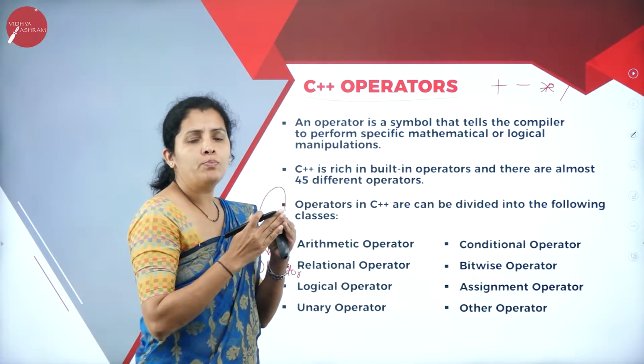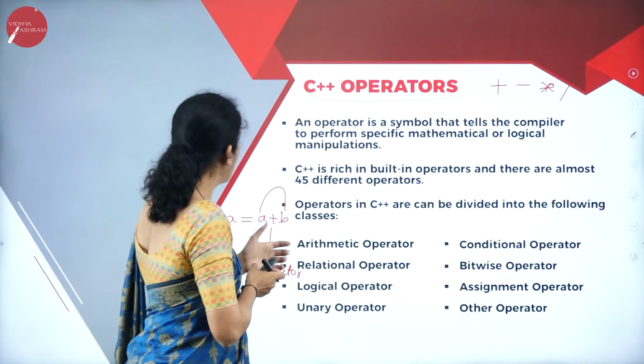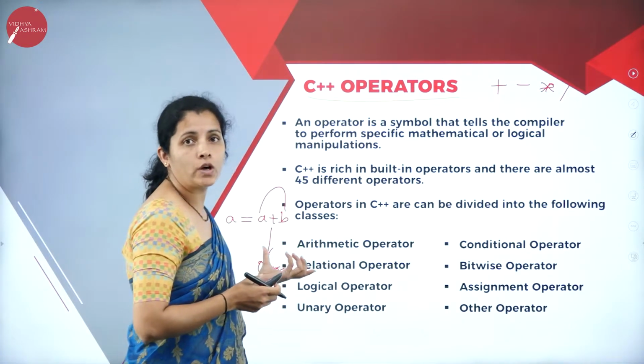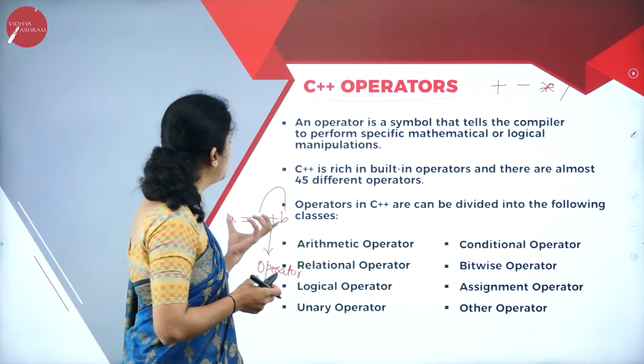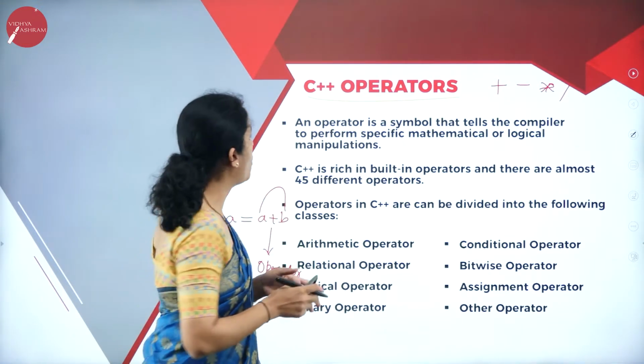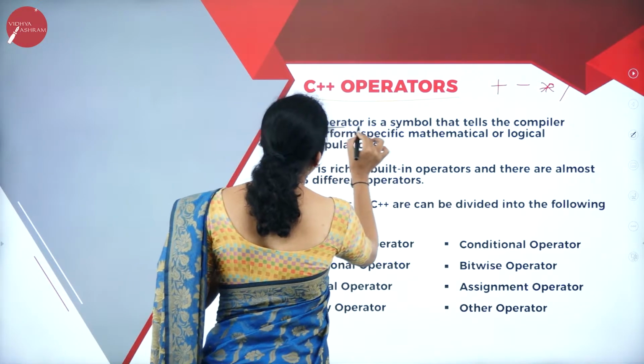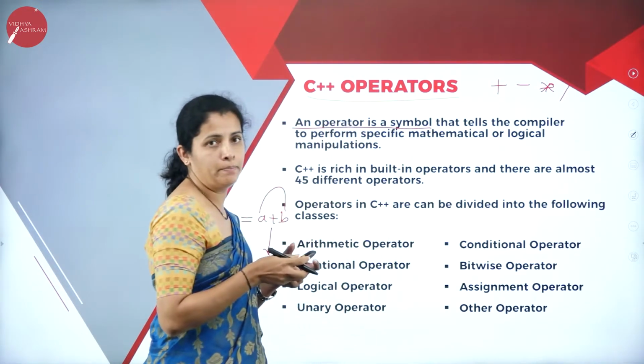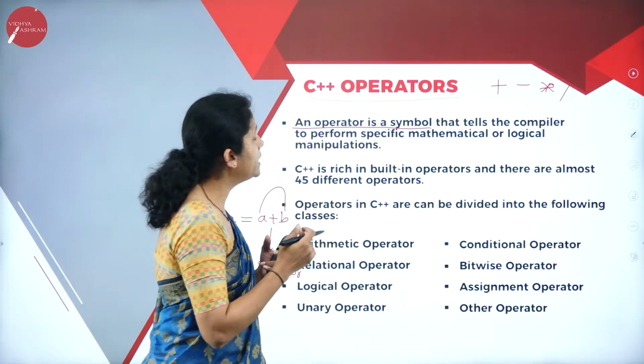Suppose if I want to perform any kind of arithmetic operations, what do I want to do here? I want to place the operator between the two operands. So an operator is a symbol. What is the operator here?